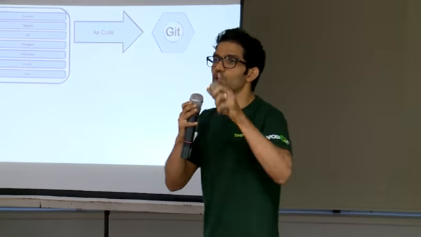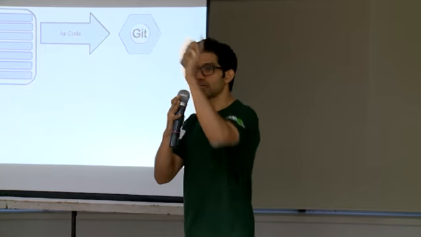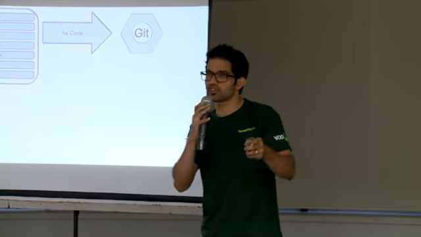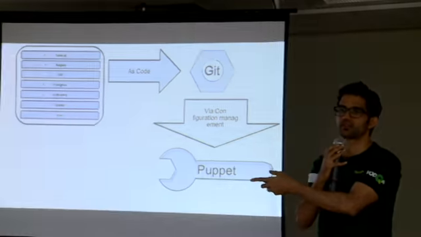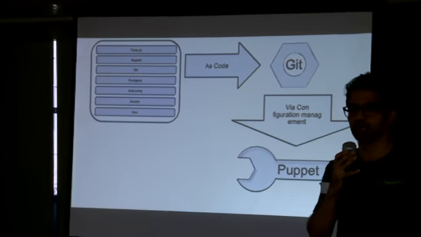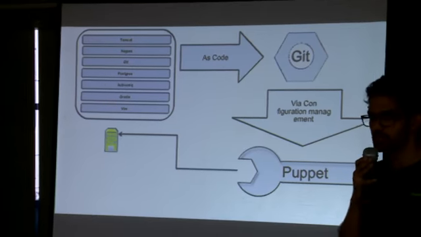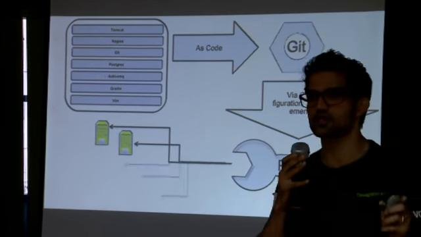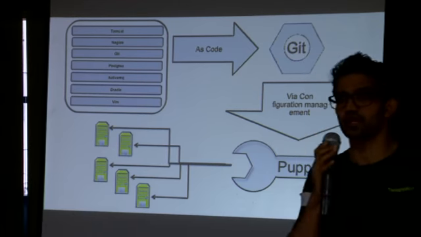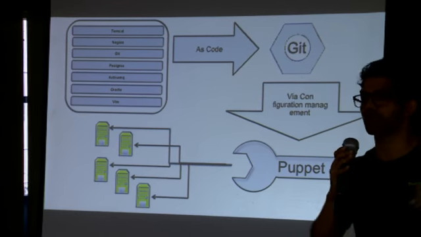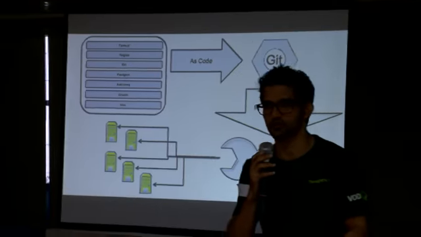What if you can configure all of that, store it in Git, and via some tool, which in our case is Puppet, what we are going to use in the workshop, you can deploy it onto 1 machine, 2 machines, 5 machines just by the click of a button? This sounds amazing, and this is exactly what Puppet does, and this is what we're going to see in today's session.